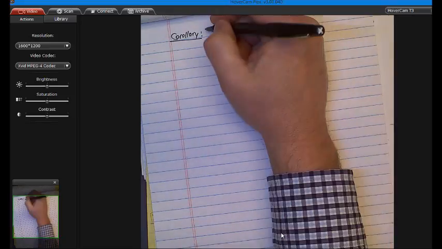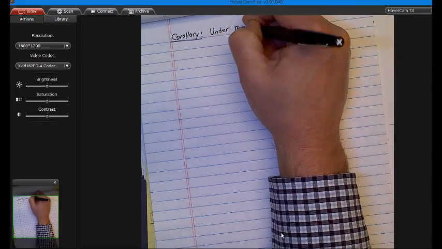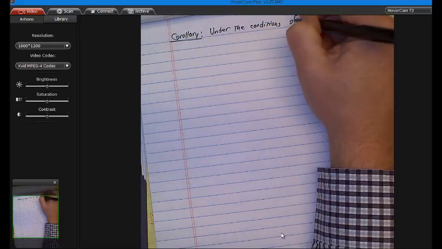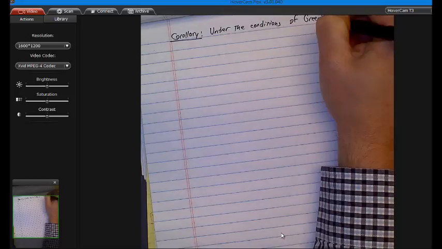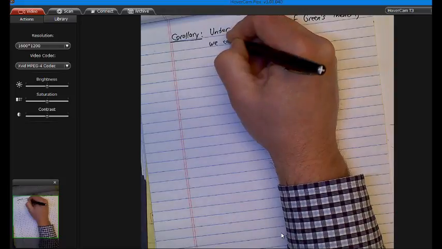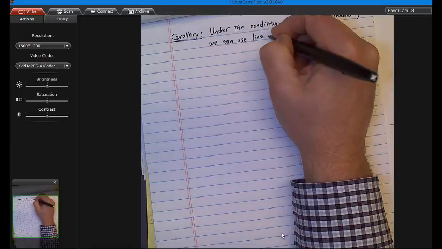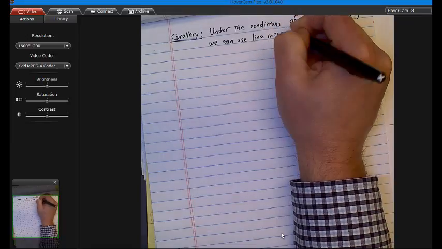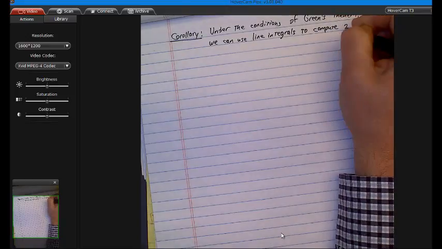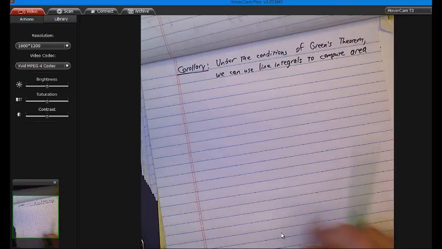The corollary says, under the conditions of Green's theorem, we can use line integrals to compute area. Which is sometimes easier.